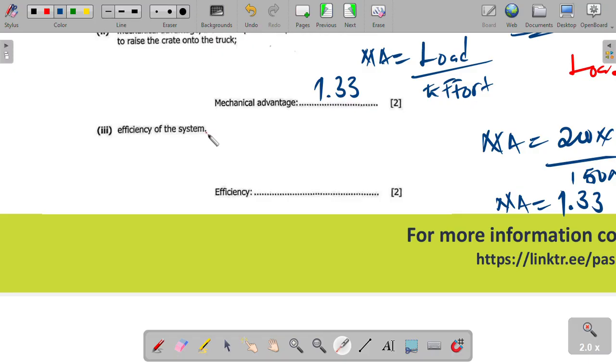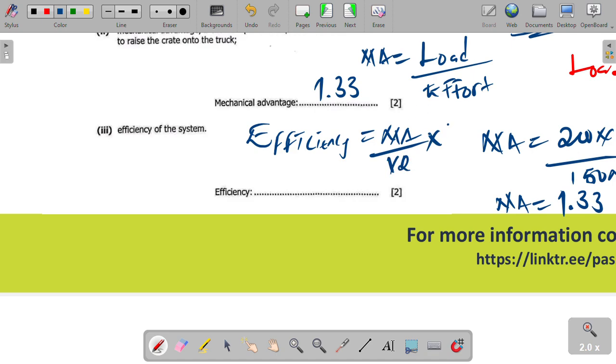Efficiency of the system. What is the formula? You need to ask yourself, what is the formula? So efficiency is given by mechanical advantage over velocity ratio times 100.